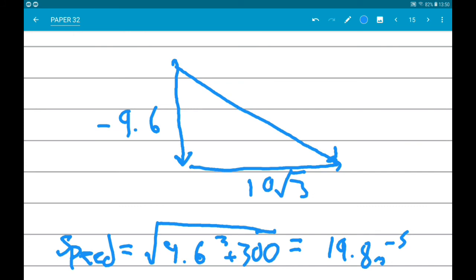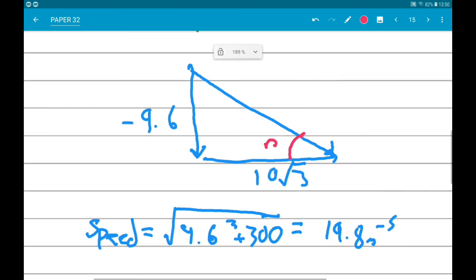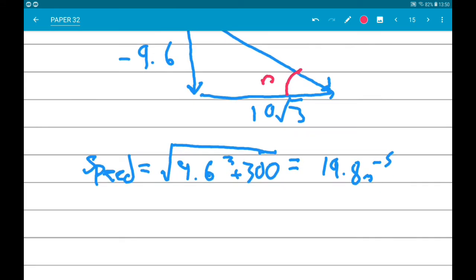So let's call that angle N. Now we know tan N would be 9.6 over 10 root 3.